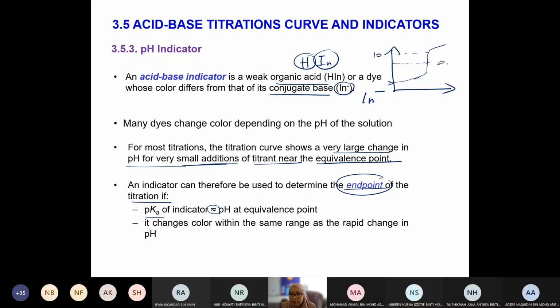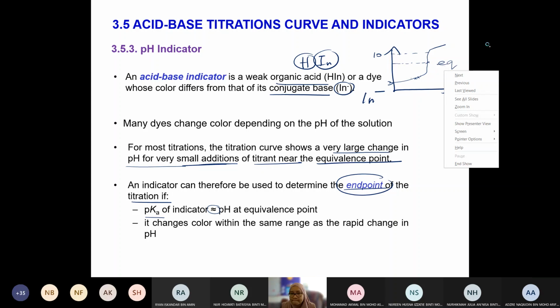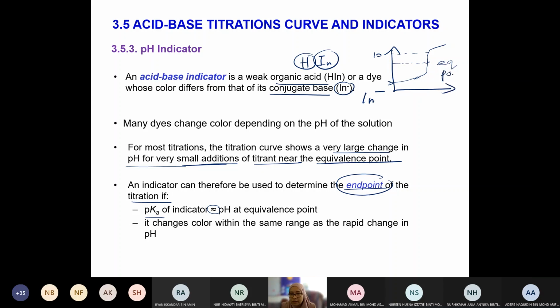Contohnya, this one is the equivalent point kan? This is the equivalent point. So as the rapid change in pH dekat kawasan ni, this is the steepest portion kan? Normally dekat sini.